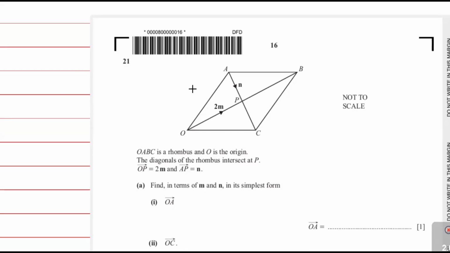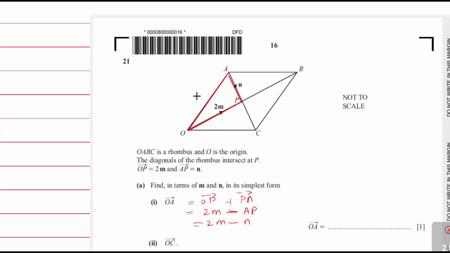Look here, this is OA, and OA will be equal to OP plus PA, according to the head to tail rule. OP is 2m, and PA we can write as minus AP, and AP here is n. Therefore, 2m minus n is the answer for OA.